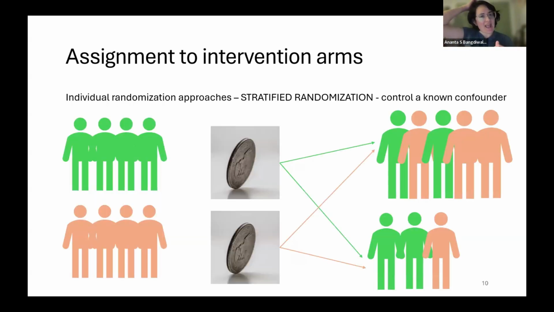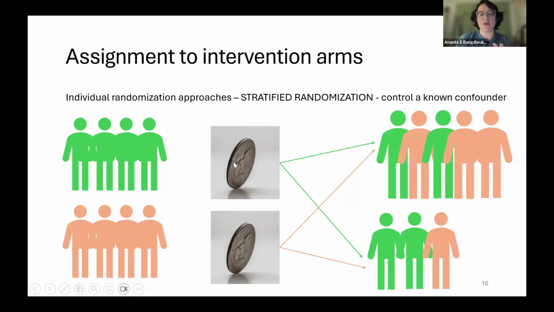And then the next issue is that we might want to be able to control a little bit more about our participants. That's where we talk about stratified randomization, where we want to control a known confounder. Here, suppose we have 4 green people and 4 orange people, and the color of these people is a known confounder to our randomized trial. Then we want to make sure that we're controlling that confounder within our treatment groups.